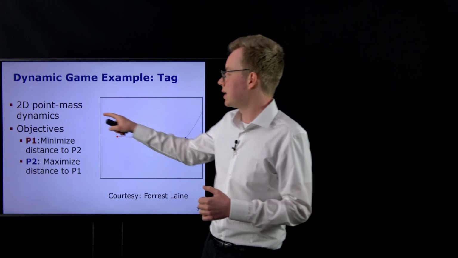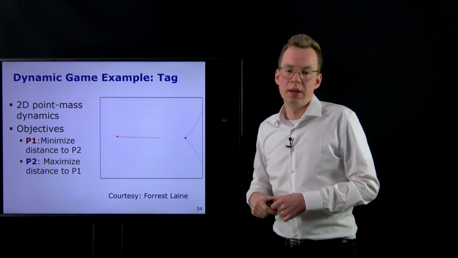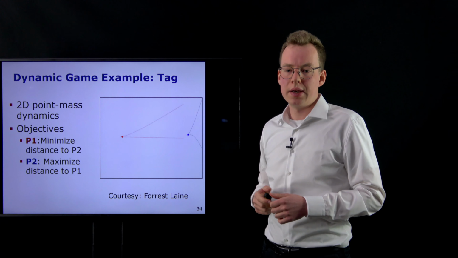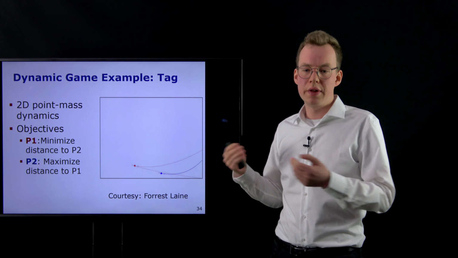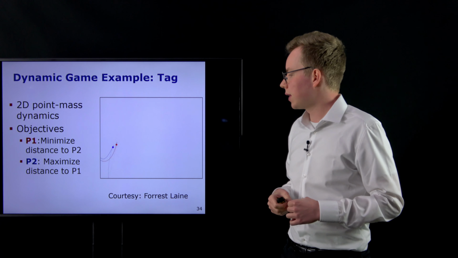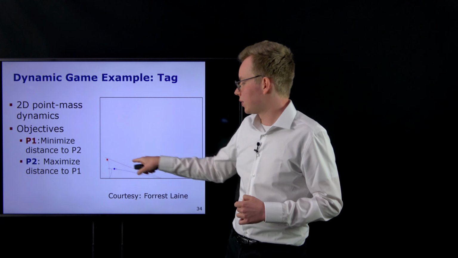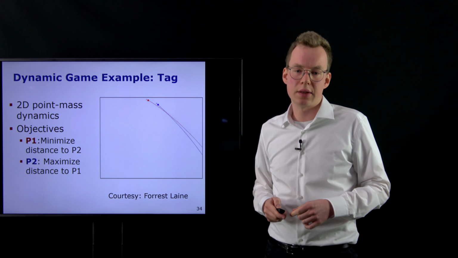The dynamics of each of these players is modeled as a 2D point mass. And you can see that by solving this game over these two players, we get this very competitive and highly interactive strategy where red is able to chase blue into a corner and tag them.